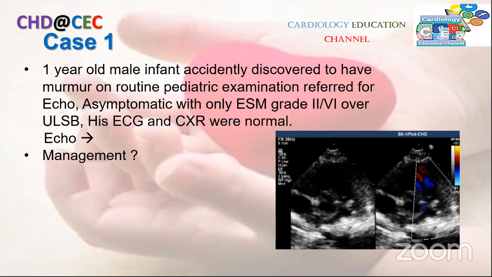And as Mahmoud mentioned, it's bothersome to calculate if you don't have the software on the machine. Nowadays, all the machines have the software for calculating the pulmonary valve area. You just need to measure the RVOT VTI, the pulmonary valve VTI, and the RVOT diameter, and you will get the pulmonary valve area automatically. So you don't need to be anxious about the equation and how to calculate it.